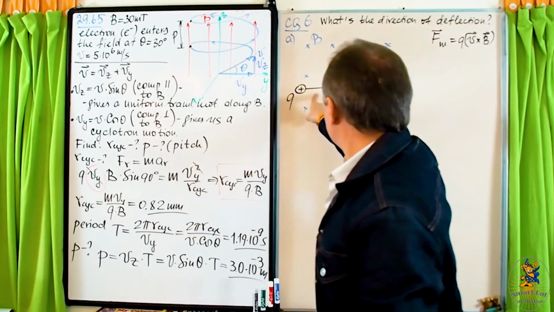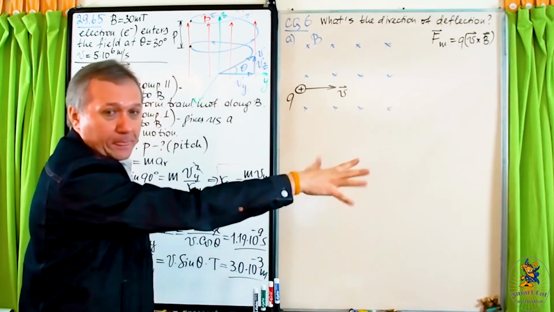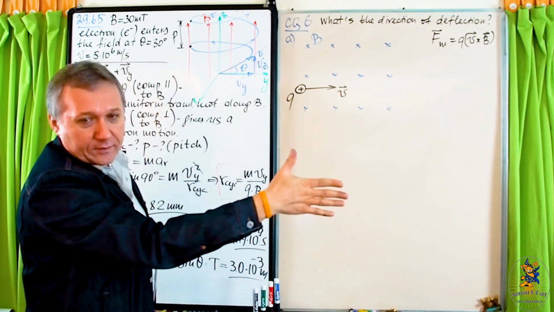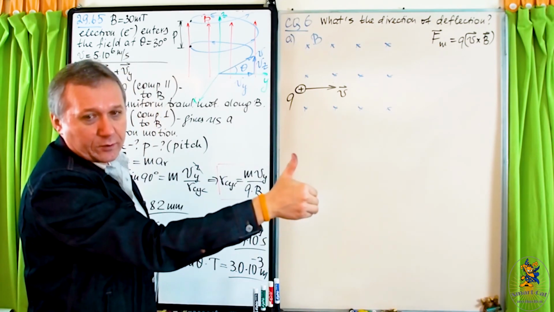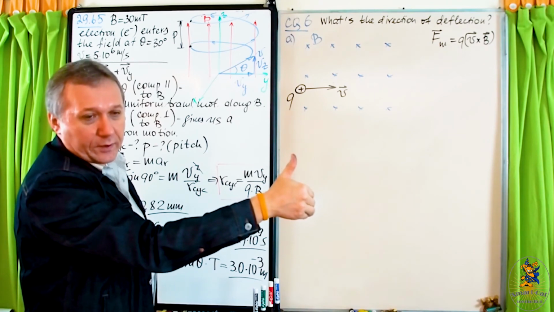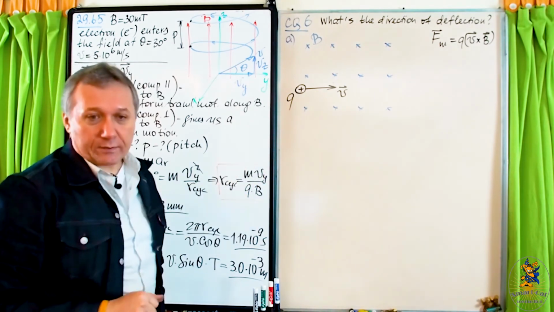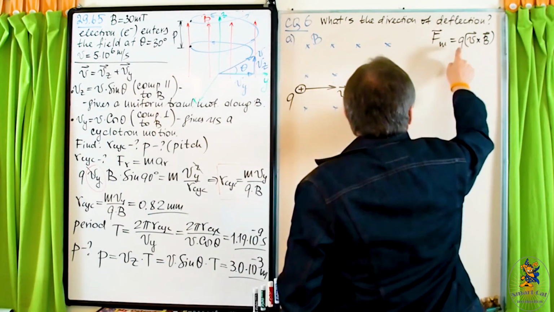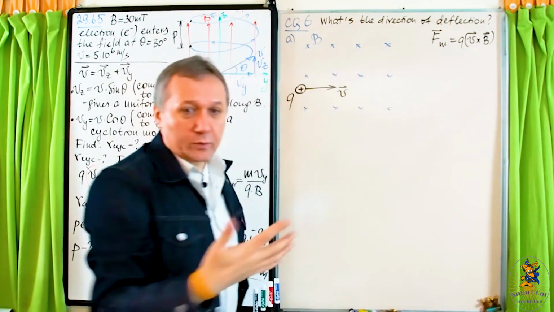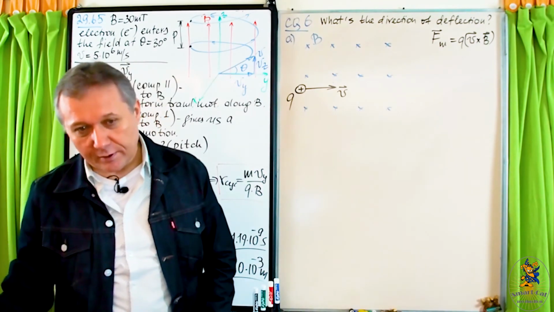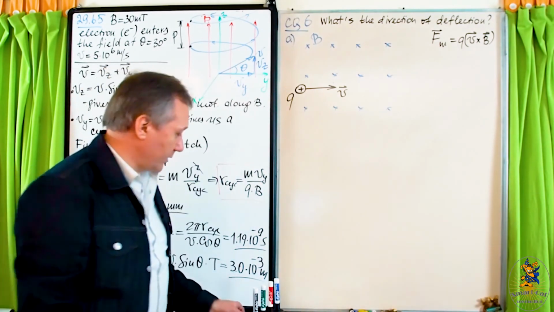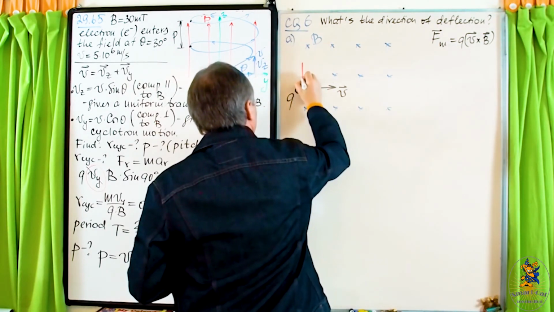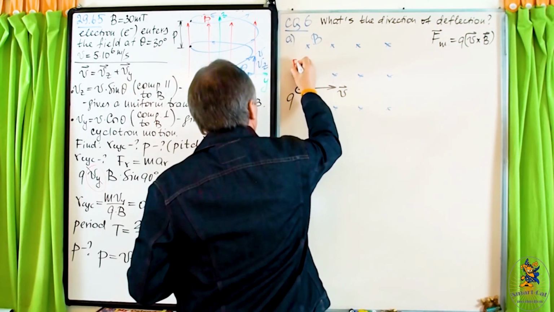V that way, B is into the board, so I have to position my hand like this, so I can curl my fingers in the direction of the second vector in the product. My thumb gives me the direction of the cross product, and then the second step. The direction of this is up, and since the charge is positive, that direction gives us the direction of the force acting on this particle. So the force is this way.